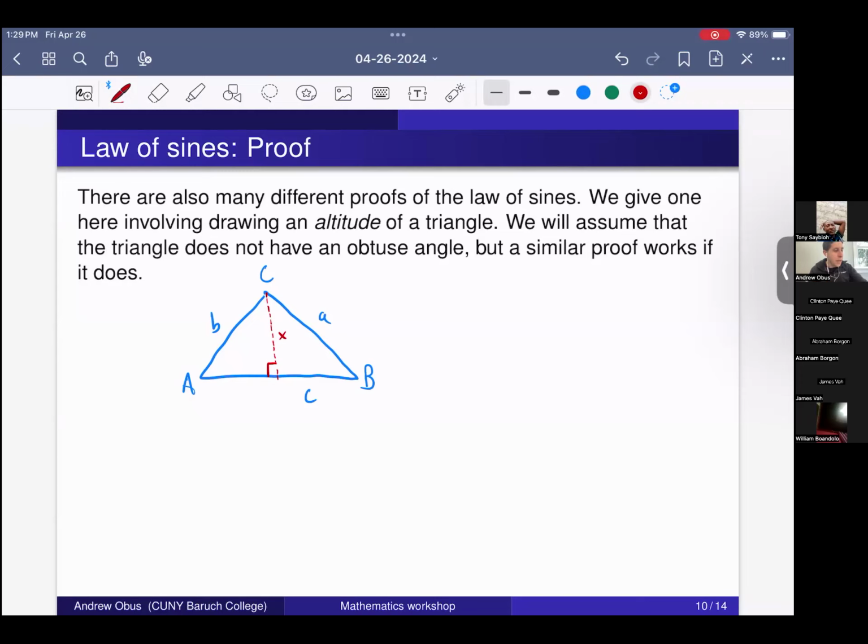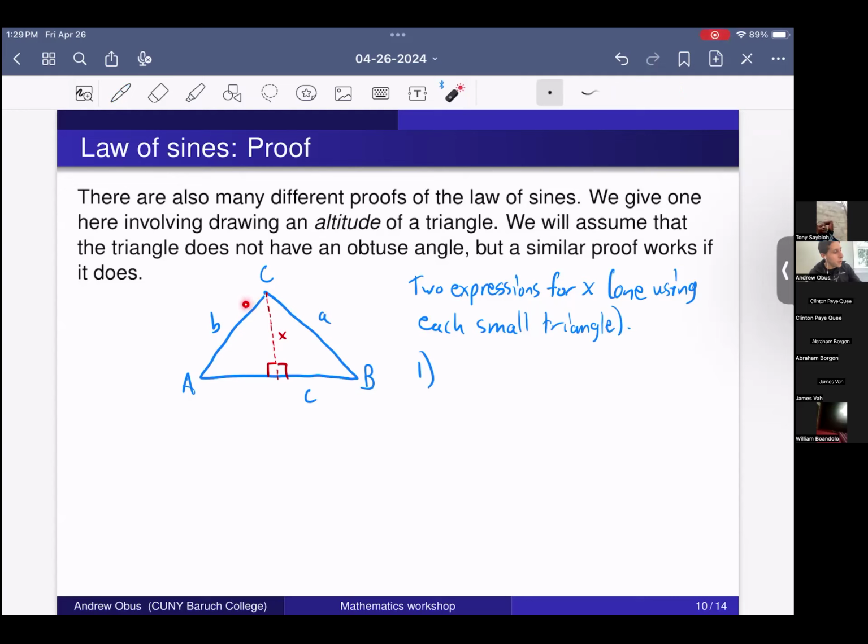And what I'm going to do is write down 2 expressions for X. By the way, that's a right angle, and this is a right angle also. So 2 expressions for X, one using each small triangle. The first expression: if I look at this, I have angle A over here.